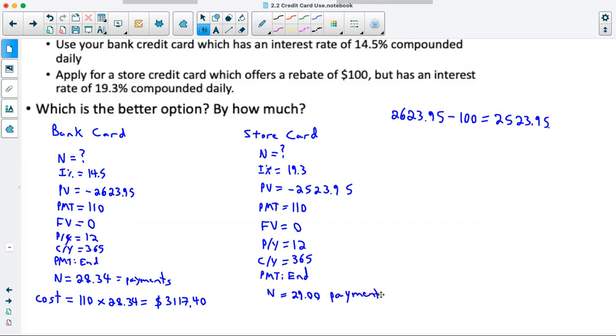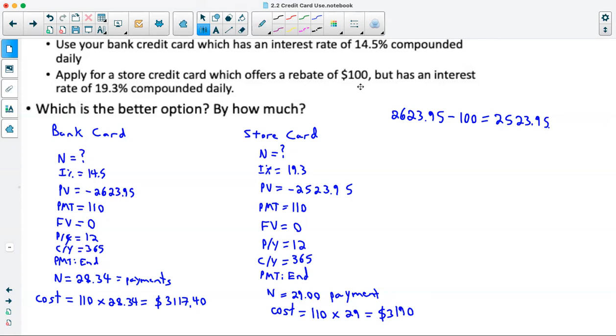So we pay it off slightly longer, and we'll have to figure out how the actual cost compares. Our cost in this case is going to be our 110 times our 29 payments, and that gives us $3,190. So we can see that the store card, even though we have a $100 instant rebate, is still more expensive.